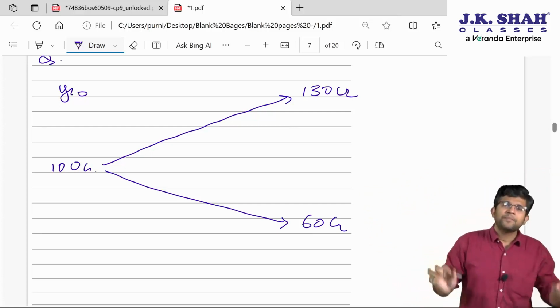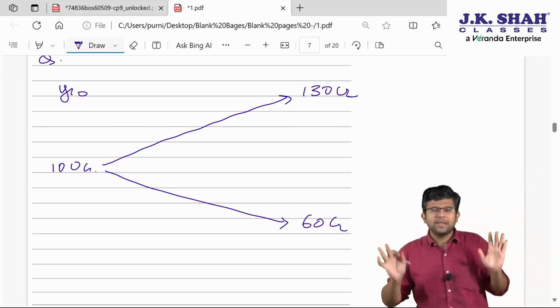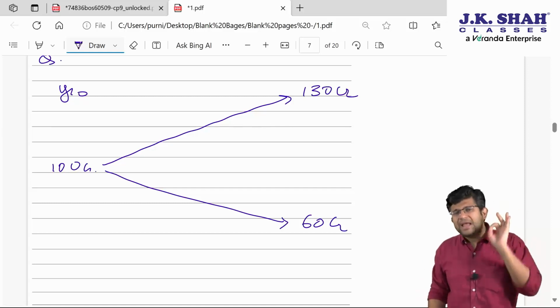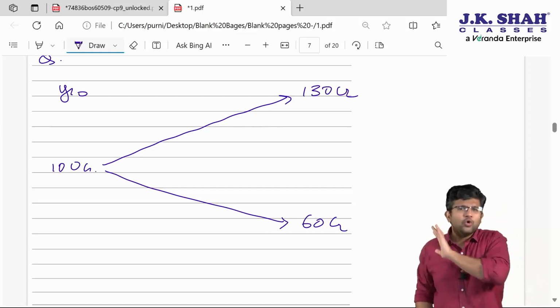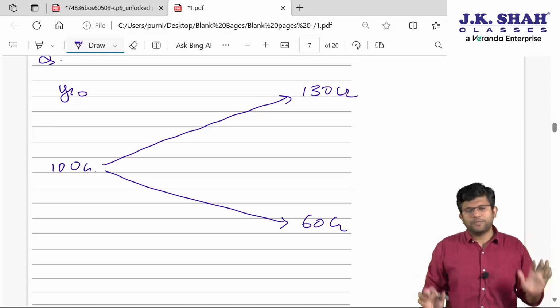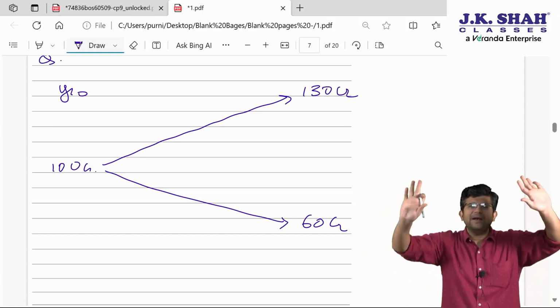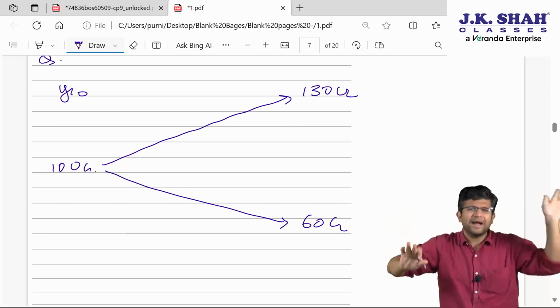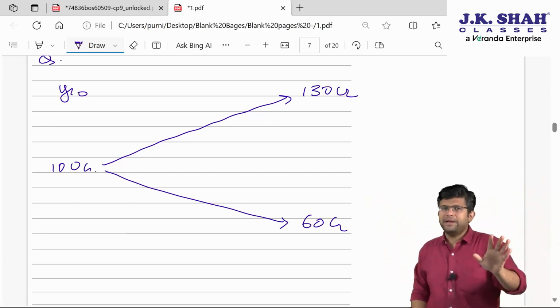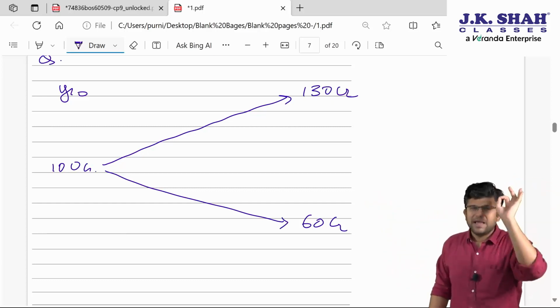Everybody clear till here? But now there is a catch. The catch is that in case you do not want to continue this project, you can abandon it. Abandon the project, sell it to somebody, get out, and on abandonment, you are promised 80 crores.